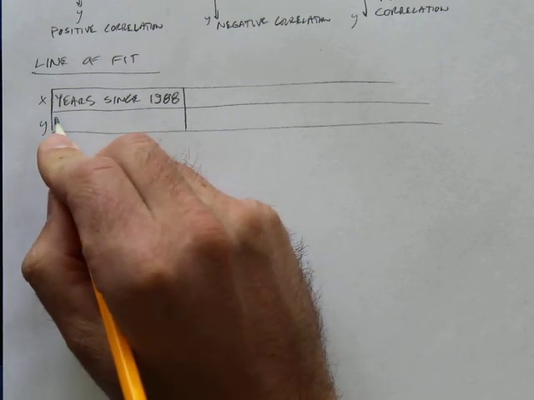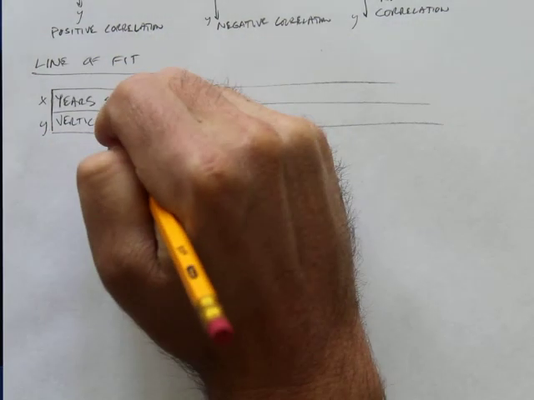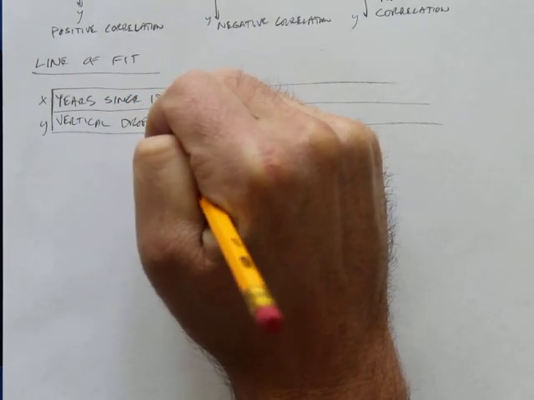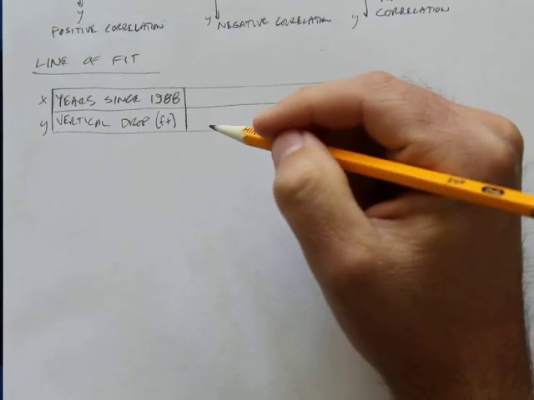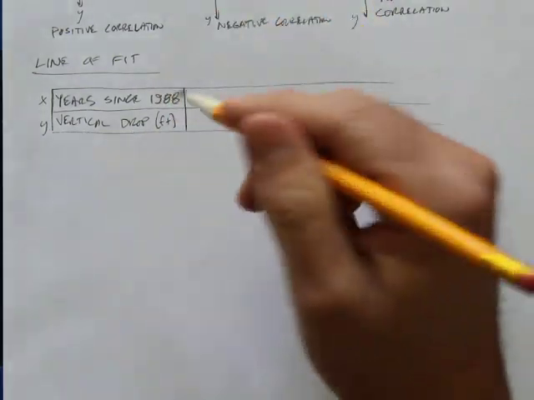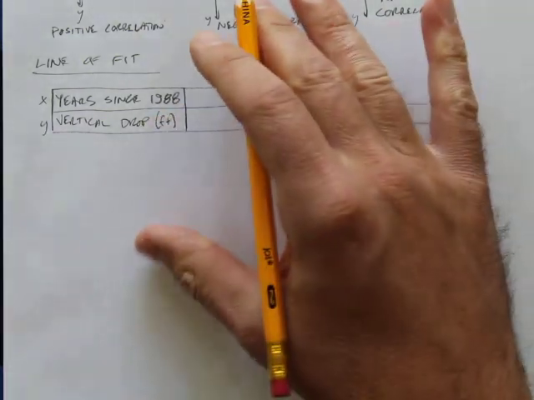And then we've got a vertical drop in feet. So this might be how low some body of water gets or something like that.